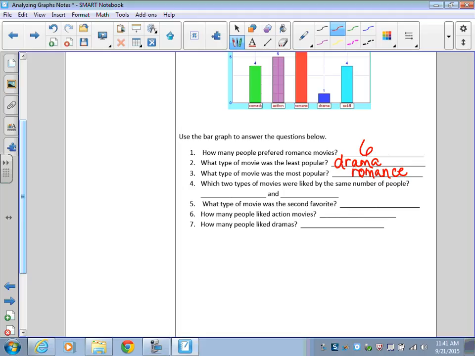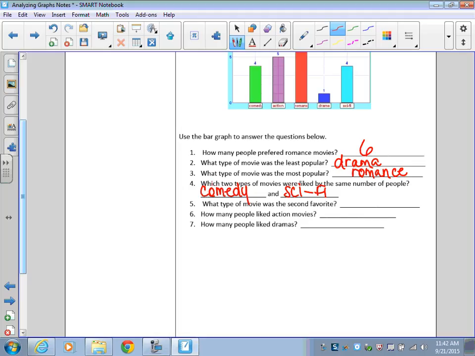Question number 4. What 2 types of movie were liked by the same number of people? That is comedy and sci-fi, because if you look, both of them have 4. You're looking at the green bar and the light blue bar. Next, what type of movie was the second favorite?